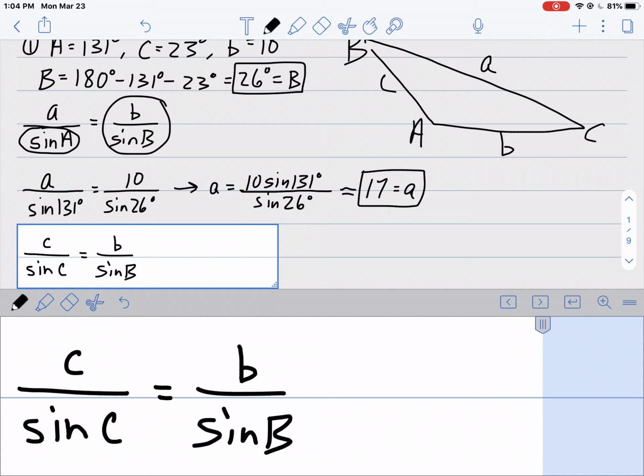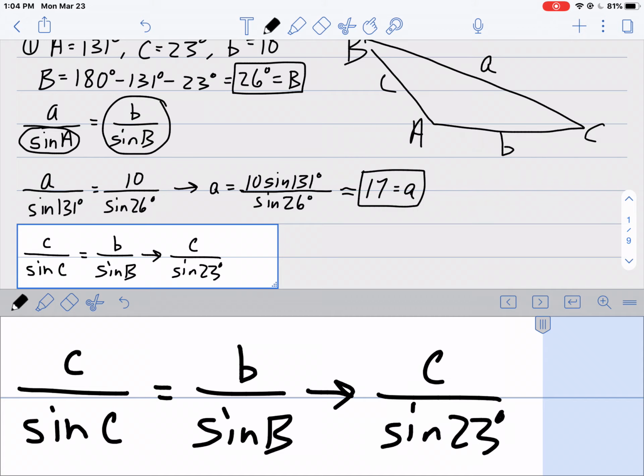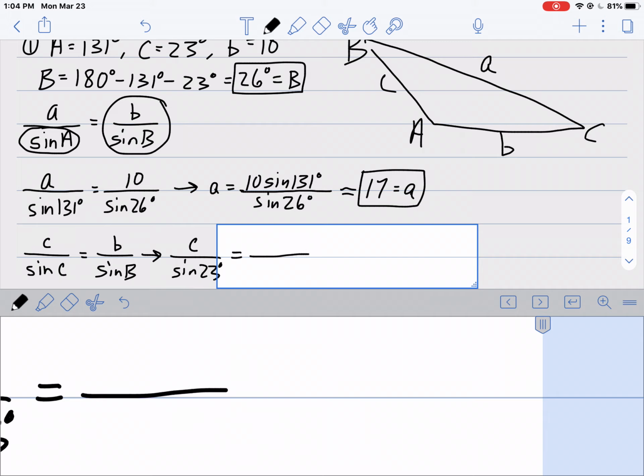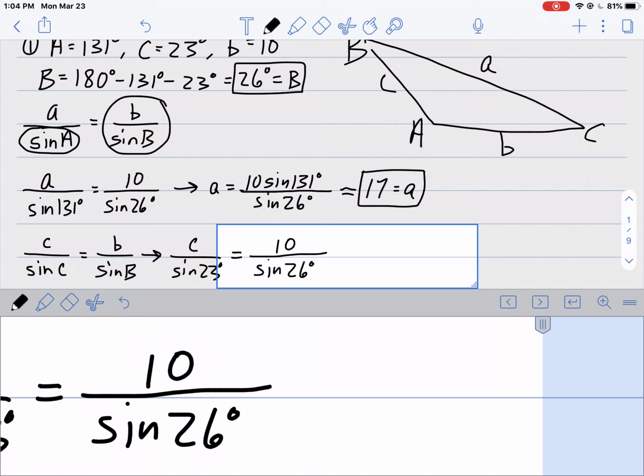So again, I'm just going to plug in what we know. Now from here on out, I'm not going to bother writing this generic setup anymore. I'm just going to go straight to this next step, and I'm going to plug in the pieces that we have. So I have this ratio. I'm looking for side C. We have the measure of angle C. And then we have that equal to our ratio of B over sine B, which again is 10 over the sine of 26 degrees.